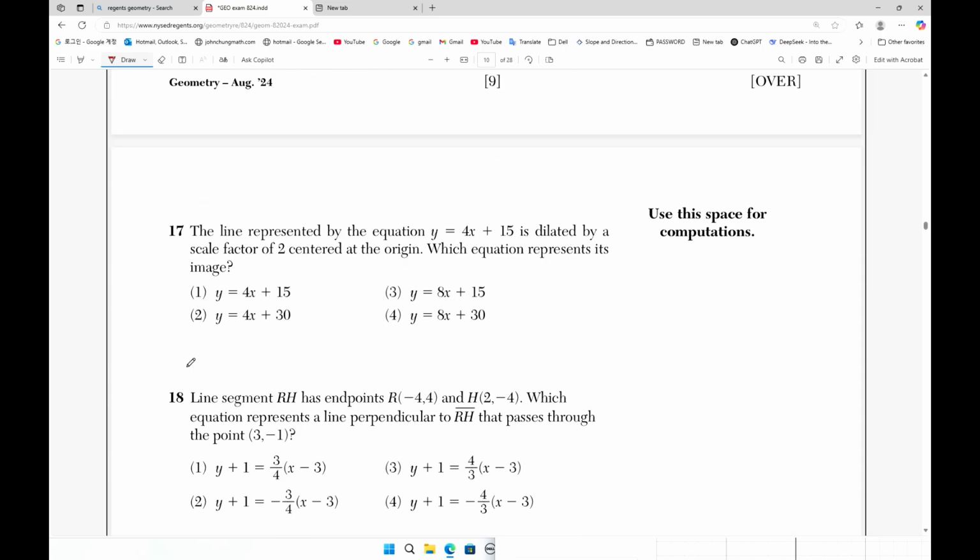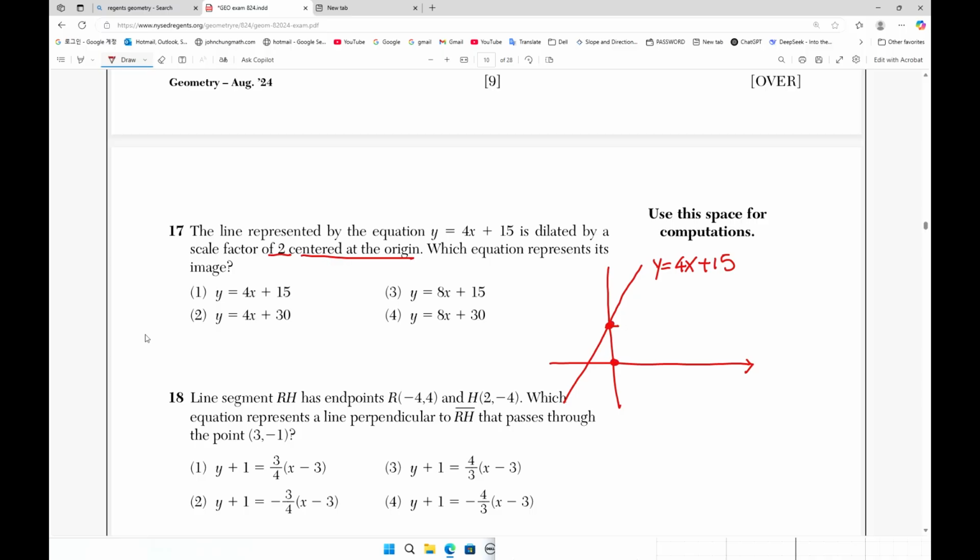Number 17, we have the equation y equals 4x plus 15. 4x plus 15 looks like this. 15 is over here. 4x is a very steep slope. Dilation factor of 2 centered at the origin.